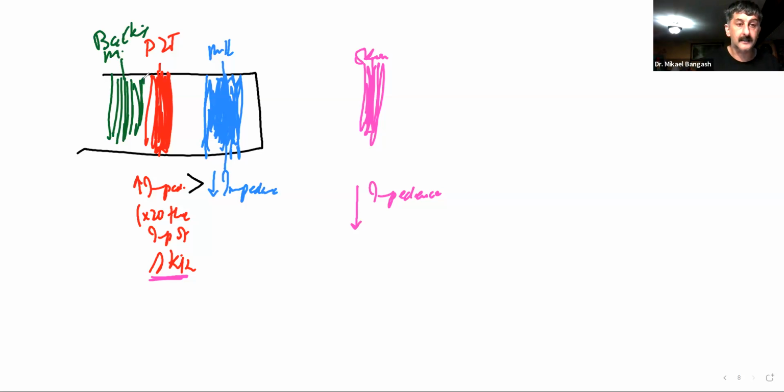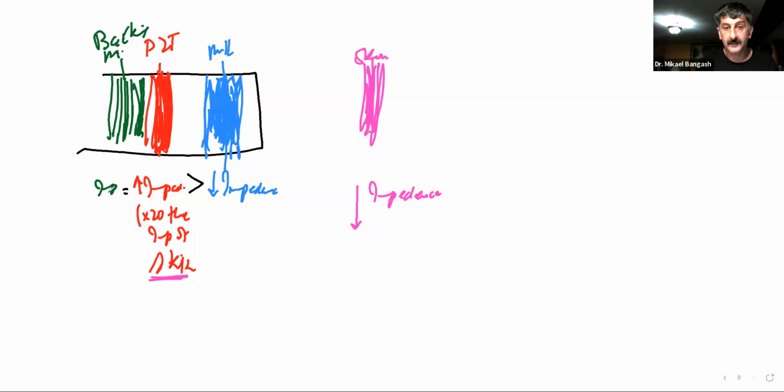And as far as the impedance of the backing material and the impedance of your piezoelectric material is concerned, they are pretty much the same.